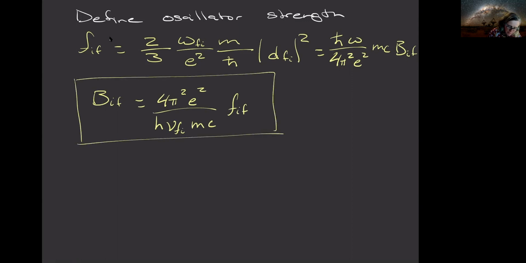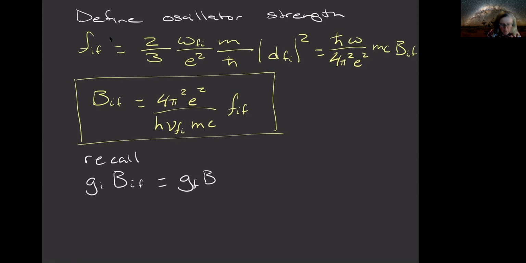So now I want you to recall how you can relate g, the statistical weight of a particular transition. So we can say g initial times B_if is equal to g final times B_fi, with g the statistical weight of the final state.